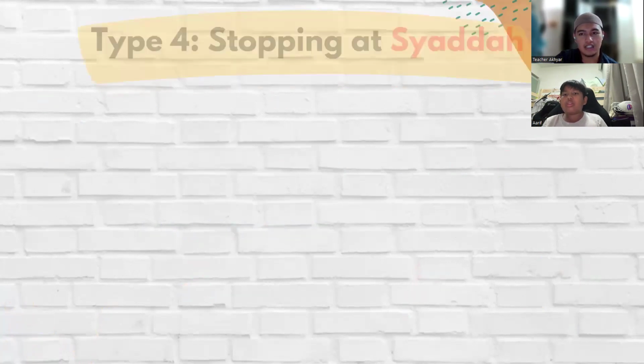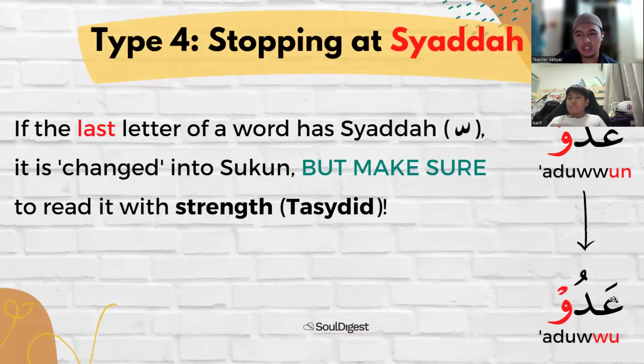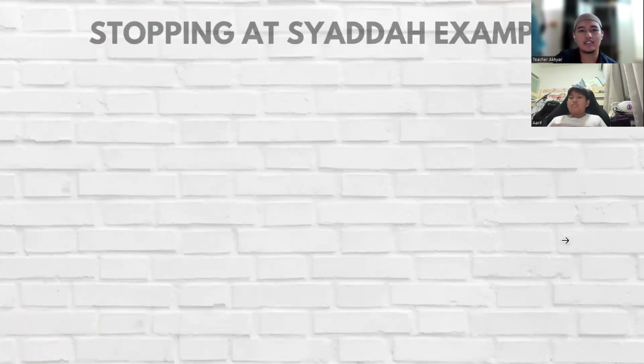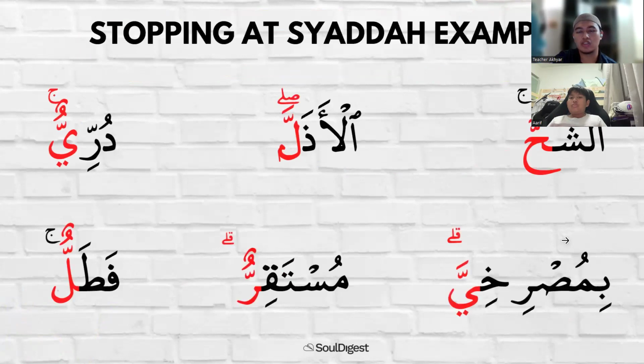For example, adu. The wu sound at the end is just slightly pronounced. Let's take a look at more examples. Here the ha is the last letter, right? So if you want to stop, how do we read this?